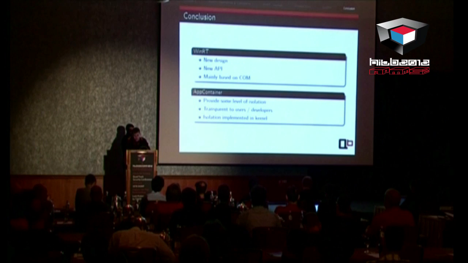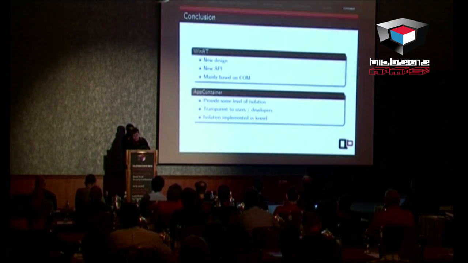Okay, so to conclude, WinRT provides both a new design and a new API which allow developers to easily design very reliable applications. They decided to rely on COM technology because it's a good choice for sharing data across processes. And the AppContainer provides a good degree of isolation.